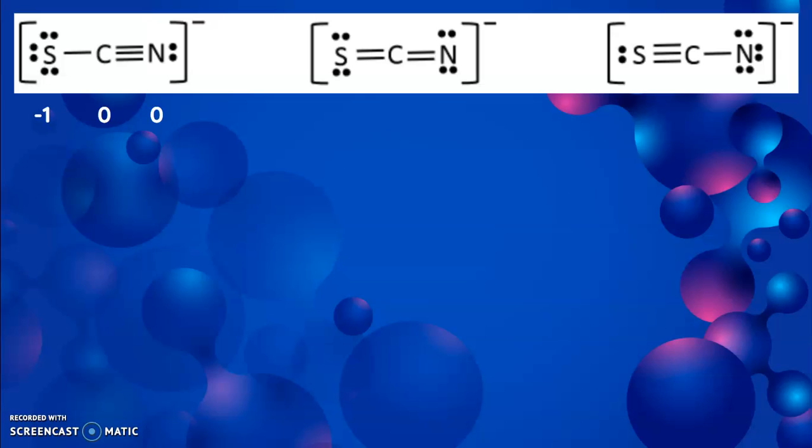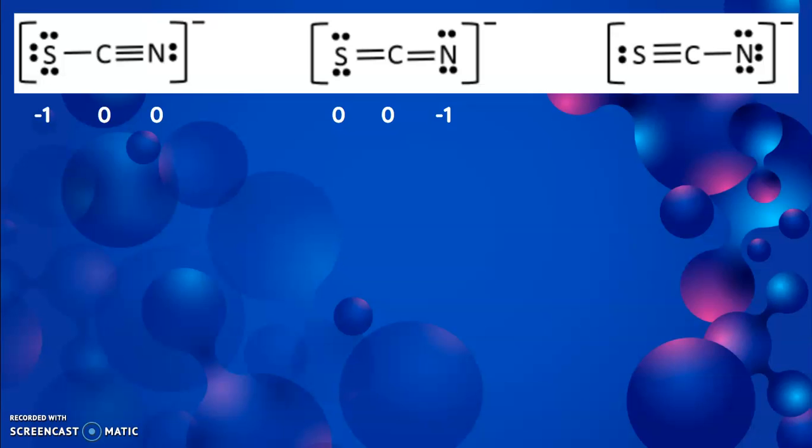In the center structure, the sulfur to the left-hand side has 6 and is touching 6, so its overall charge would be 0. The carbon in the center, the same thing, has 4 but is touching 4, so its charge is 0. The nitrogen to the right-hand side has 5 but is touching 6, so its charge would be -1.